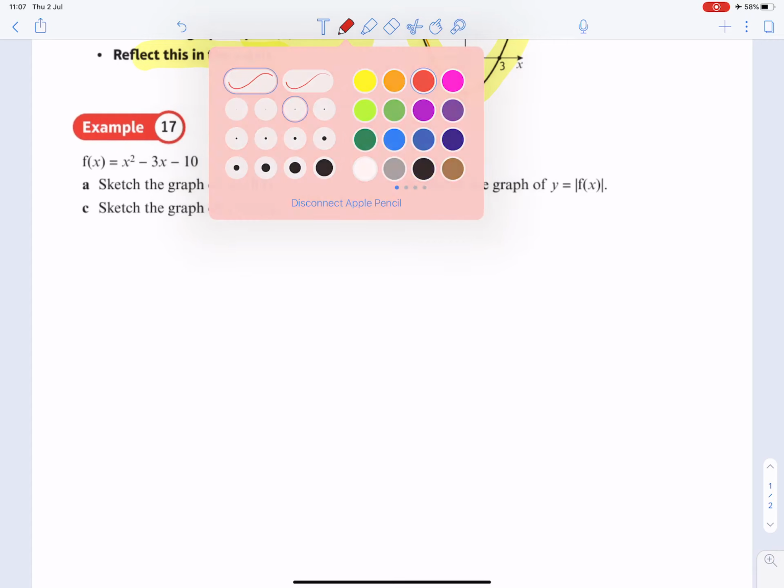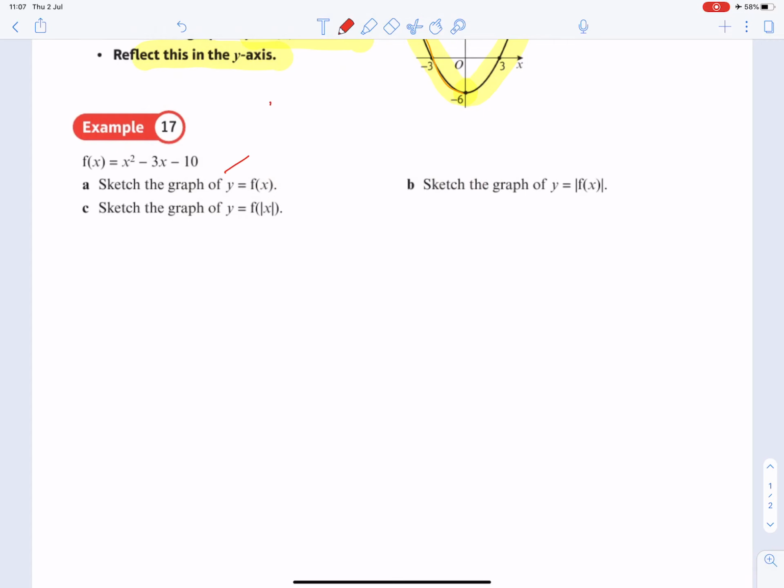For sketching a graph, we tend to want roots, y-intercept, perhaps they should be in the other order, it doesn't matter hugely as long as you've got both, and turning points. It's a quadratic, so they're the key things.